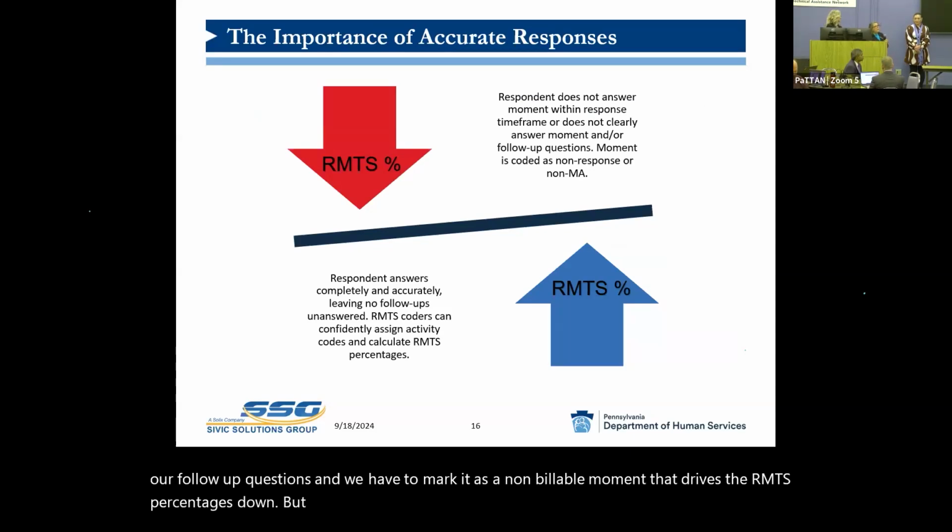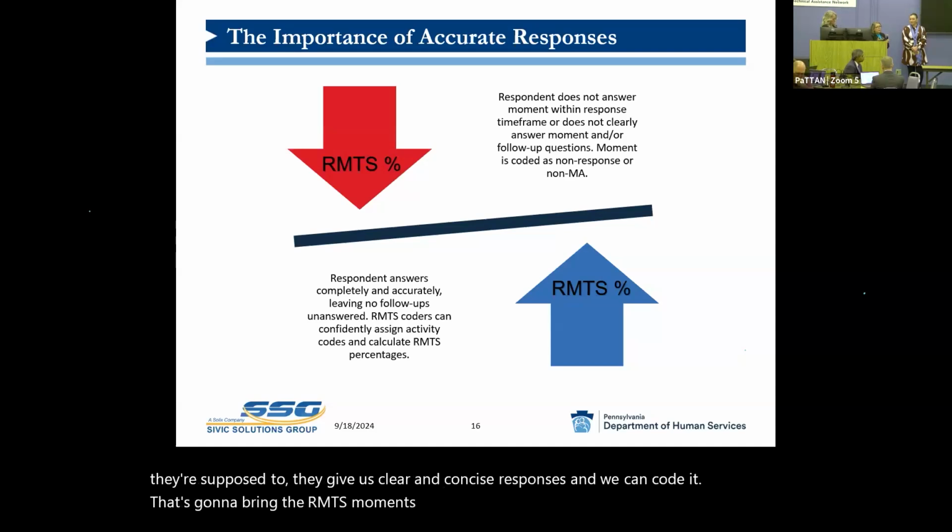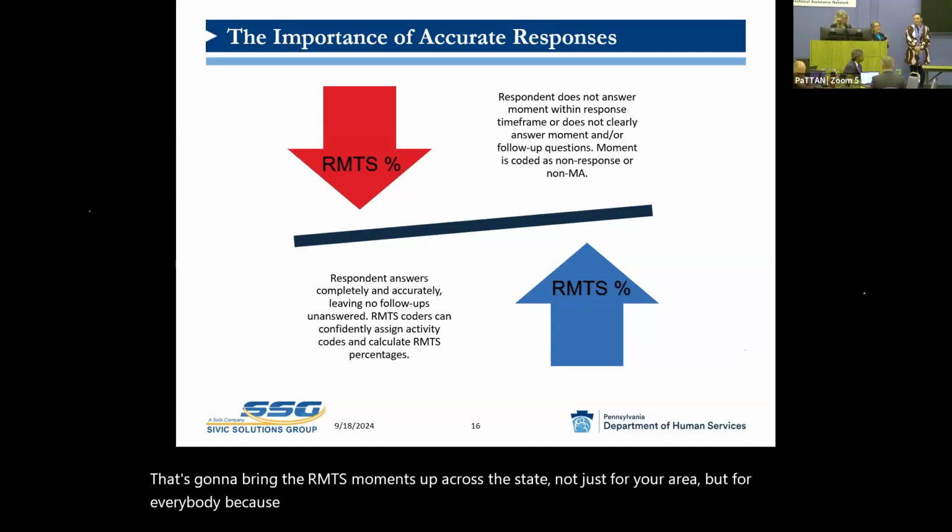But if you have properly trained your people and they respond as soon as they're supposed to, they give us clear and concise responses and we can code it appropriately, that's going to bring the RMTS moments up across the state, not just for your area, but for everybody. Because unfortunately, with a statewide time study, what your district does will affect the study on another district. So you kind of have to look at it that way.